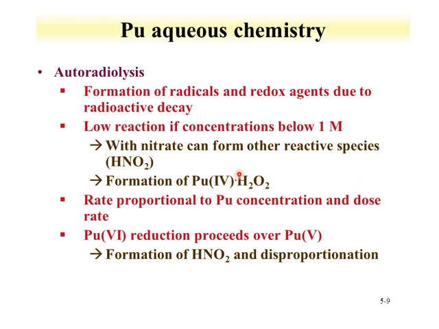You can also form peroxide species, as we talked about with other actinides. So the autoradiolysis, just a change in the redox, is really rate proportional to plutonium concentration and dose rate. The plutonium concentration and dose rate are also saying something about the half-life of the plutonium isotope that's in solution.